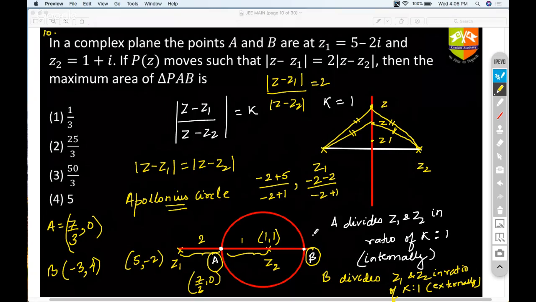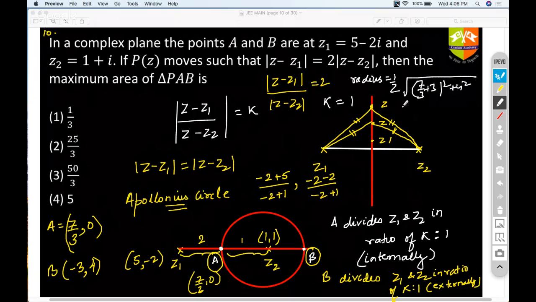So if you found A and B, what is going to be the radius of this circle? AB is the diameter. So what is going to be the radius? Let me find some place to write. So radius would be nothing but half of the distance between A and B, right? So the distance between A and B would be under root of 7 by 3 plus 3 square and 4 square.